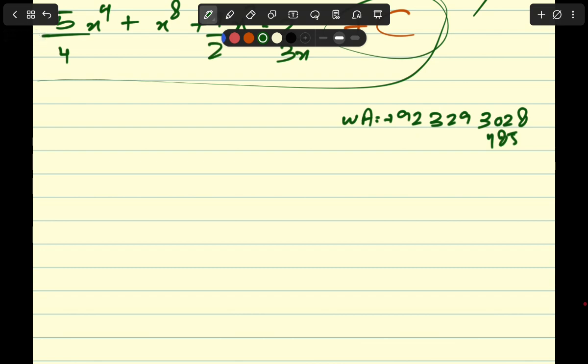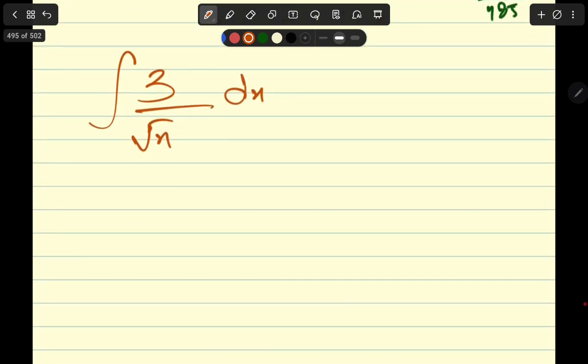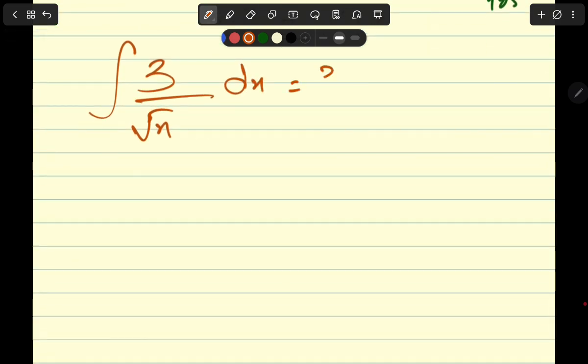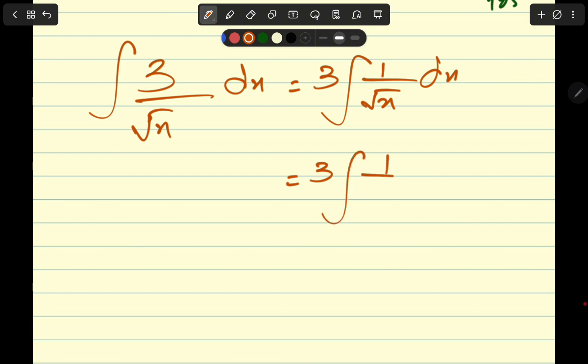Now, we also did the negative indices. The biggest mistake in integration isn't calculus, it's refusing to rewrite fractions using indices, right? So if you have, for example, 3 upon under root of x and you have to integrate it with respect to x, now this is simply you bring this 3 out, and this is going to be 1 upon under root of x, and you can change the surd sign into a power. So this is nothing but 1 upon x to the power of half, and apply the power rule. So bring the power up.